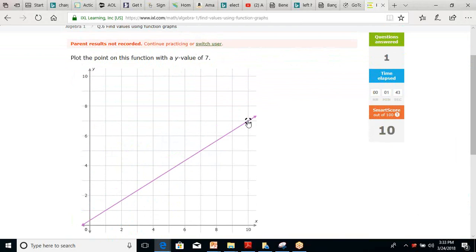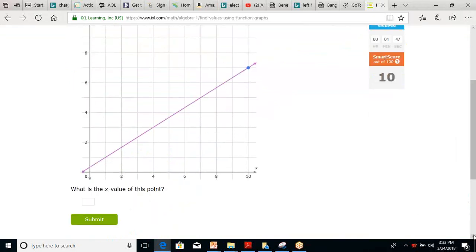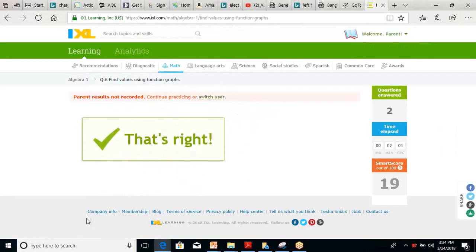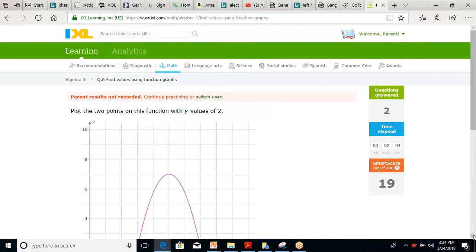It intersects right there, and that corresponds to an x value of what? This point right here has an x value of 10, right? Correct. Yes, it has an x value of 10.